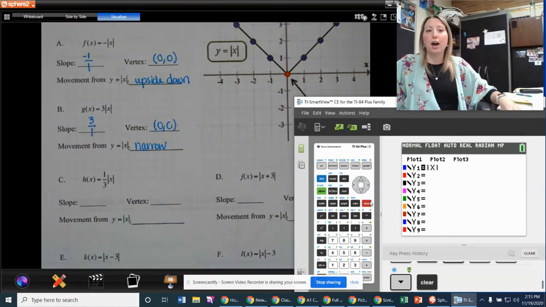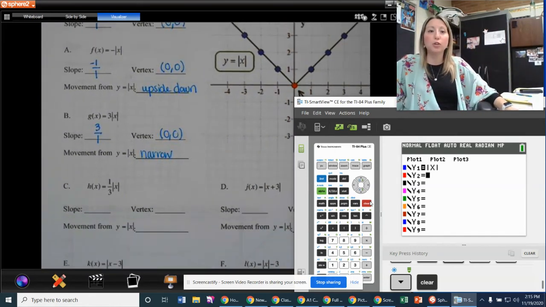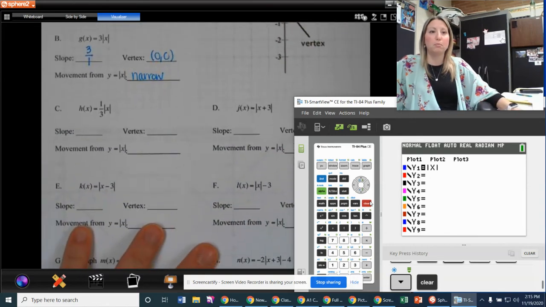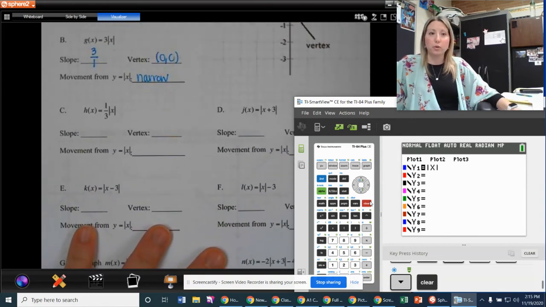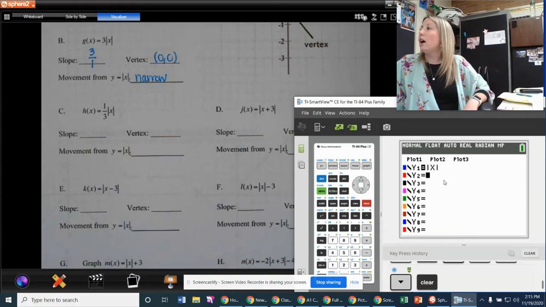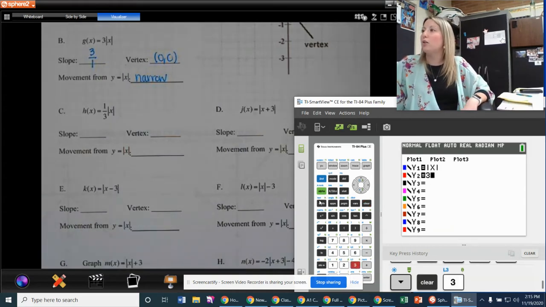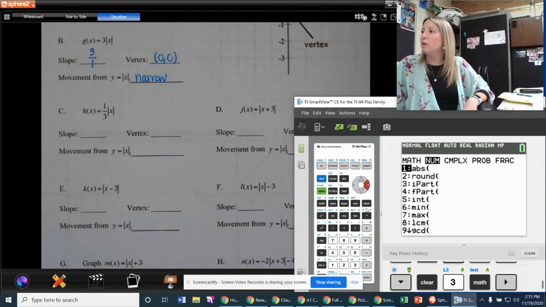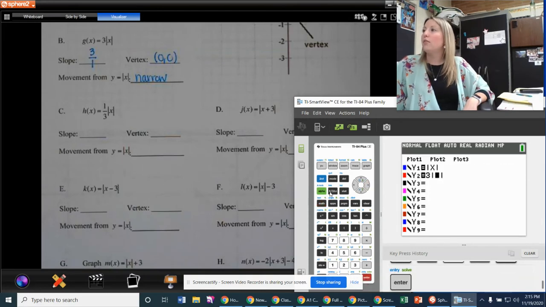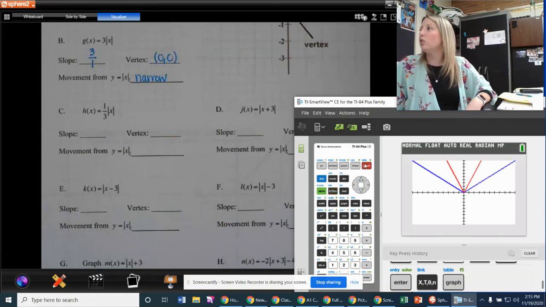And let's prove that. Okay, again, the blue in the graphing calculator is always going to be our original. And now our red is going to be our changed one. So we put a 3 in front of the absolute value bars and then press math, arrow right to number, enter, and then put our X in there. And this is the only thing we're graphing. So we can press graph to see it, and look at that.